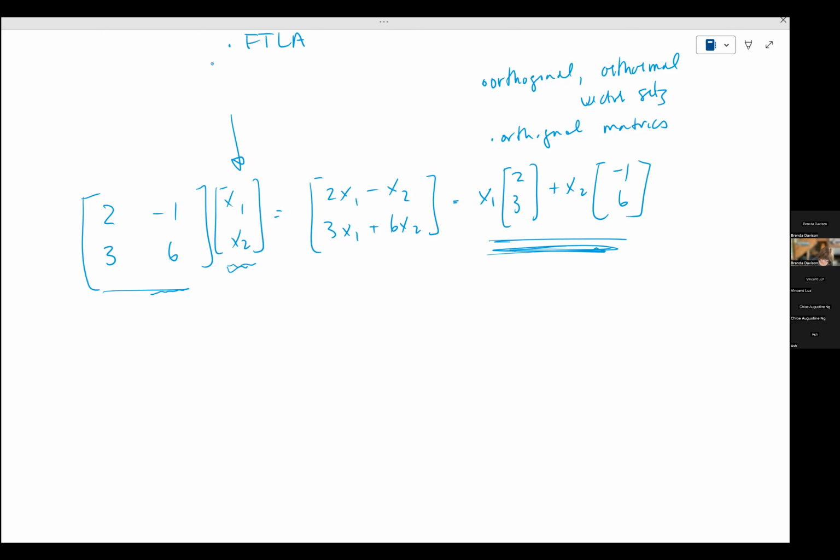That means the range is the same as the column space, because the column space is all linear combinations of the columns. So your answer to your question is yes. The range is the column space. You should see it in this way.